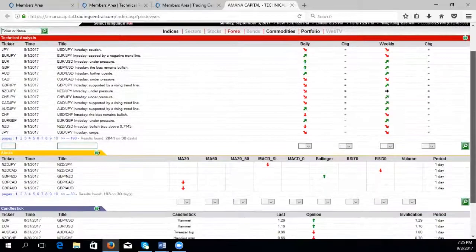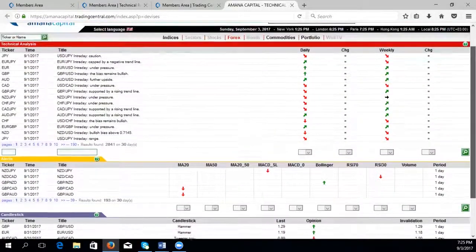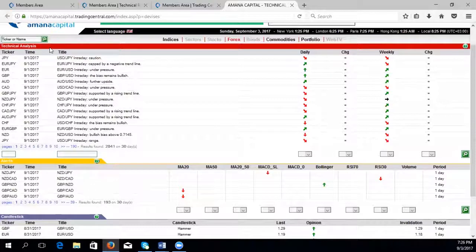All right, so this is the homepage of Trading Central. Notice it contains three sections. The first one is called the Technical Analysis Report section, and in here you can access the technical analysis reports that have been issued by Trading Central analysts over the past days for each asset.